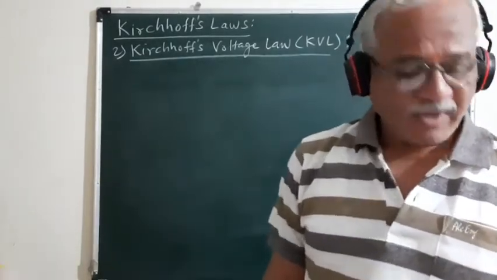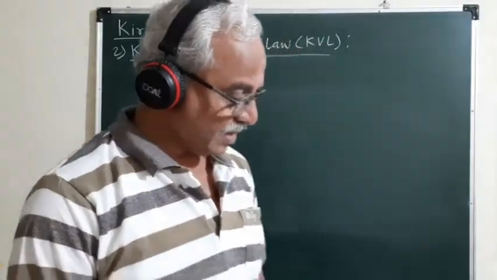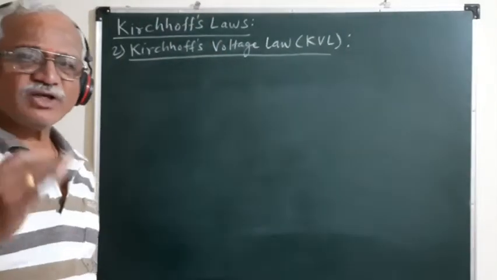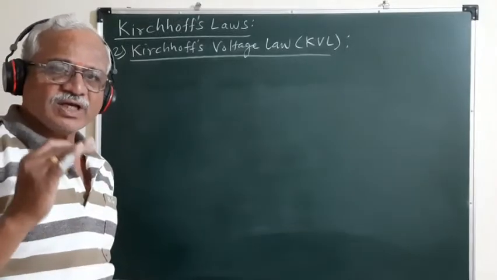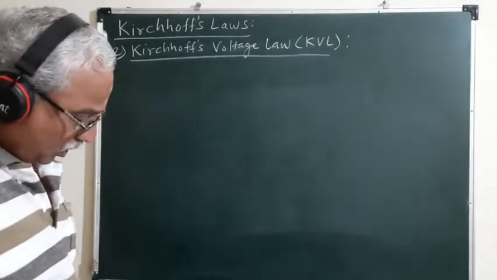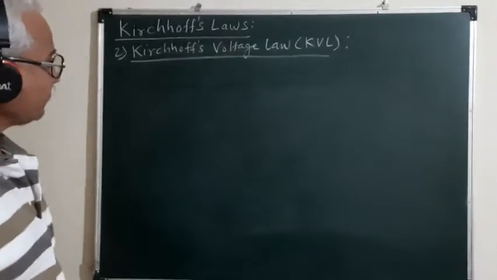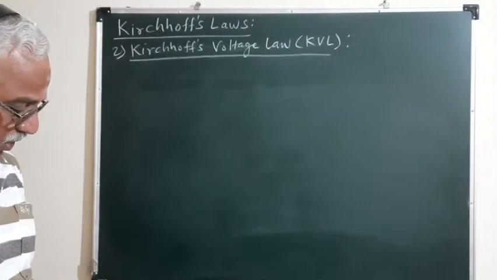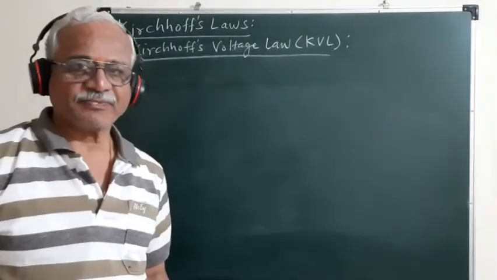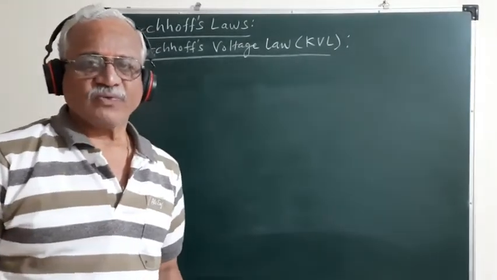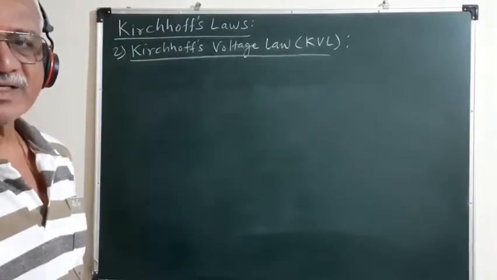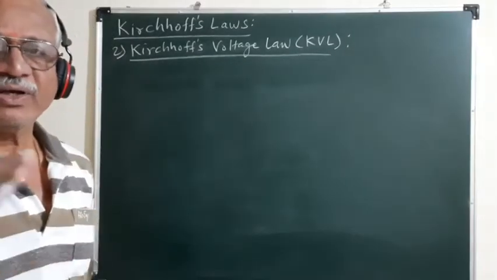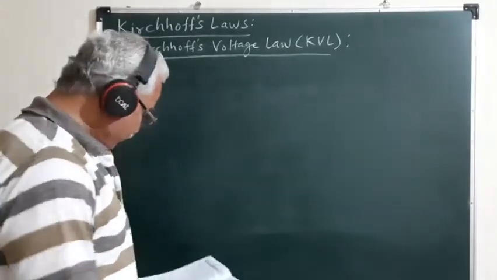The algebraic sum of the voltages around any closed path or any closed circuit or any closed loop is equal to 0. Or it also can be stated as the algebraic sum of all the applied EMFs and the products of the currents and the resistances in different branches of that loop is equal to 0.